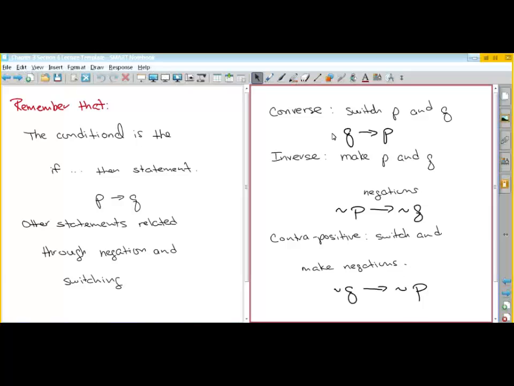Now some of these are equivalent to each other, so they work all the time. Some of them work some of the time, but not all of the time. If you make a truth table and they get the same final results, then they are equivalent and therefore the same all the time.